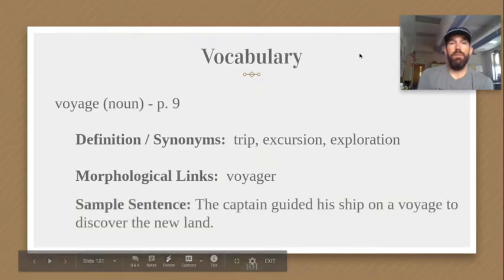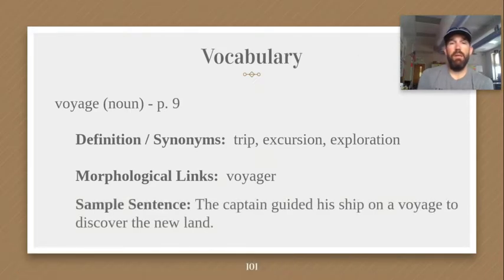So my sample sentence says, the captain guided his ship on a voyage to discover the new land. So in your own sentence, the voyage should be the thing that they're doing. They went on a voyage, and they don't necessarily have to go on a ship, and they don't necessarily have to find new lands, but they are going on some sort of a trip, excursion, or a place that they are exploring. Pause the video and write your own sentence now.